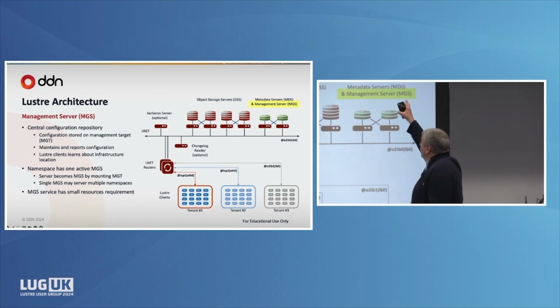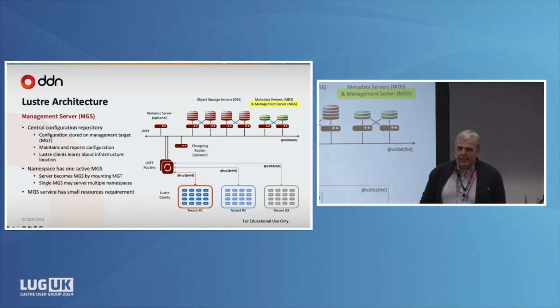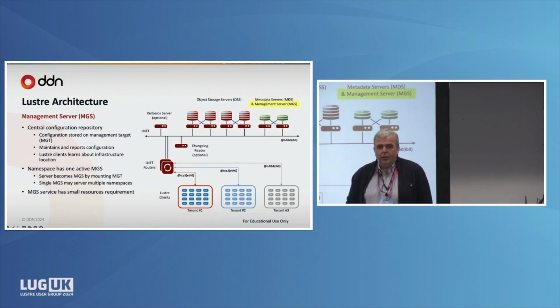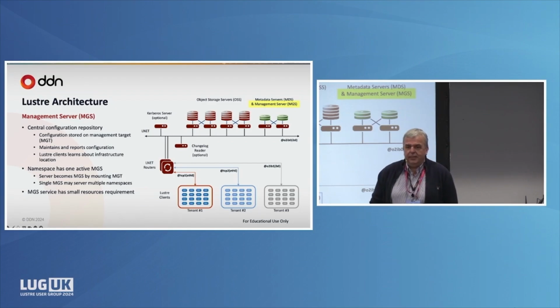So highlighted over here in yellow, the MGS. MGS is the management server. So think of this as a yellow pages for the infrastructure. The management server knows about all of your components in your file system.